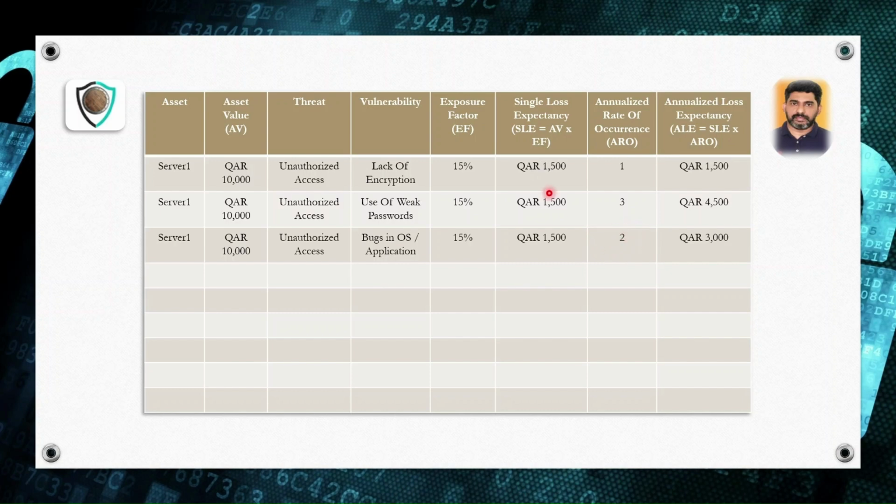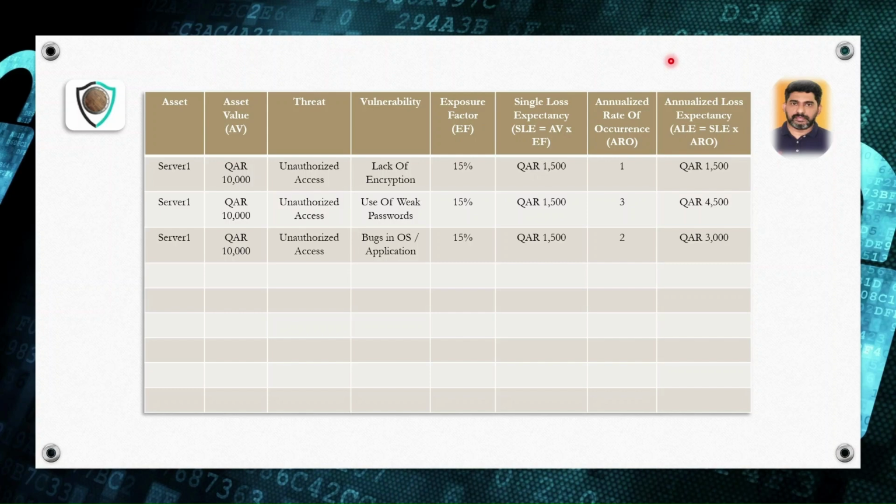2, twice every year. Now, the SLE in quantitative risk assessment is equivalent to the impact in qualitative risk assessment. And the annualized rate of occurrence in quantitative risk assessment is equal to the likelihood that we discussed in qualitative risk assessment. So whether it be quantitative or qualitative, the approach is the same, the logic is the same.